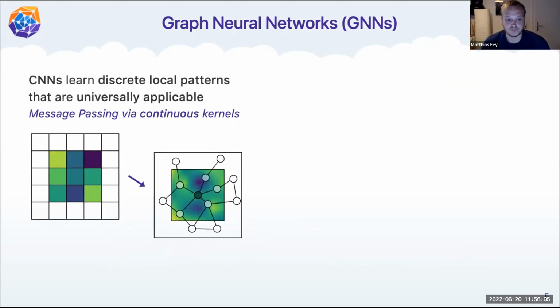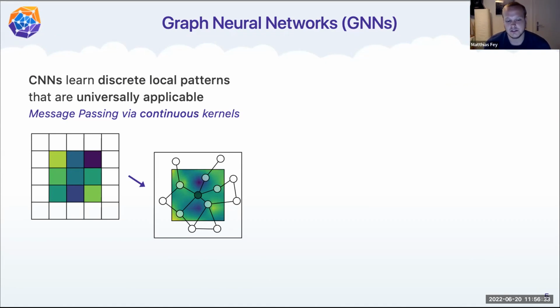And so graph neural networks using this message passing scheme are super flexible, but they also generalize all these concepts that we know from different domains. For CNNs, these learn discrete local patterns that are universally applicable, and the GNN does actually do the same. It aggregates the local neighborhood around each node or each pixel.